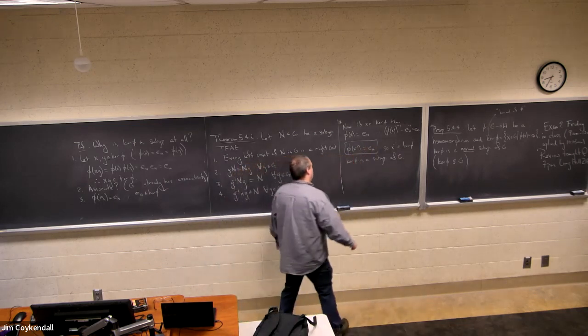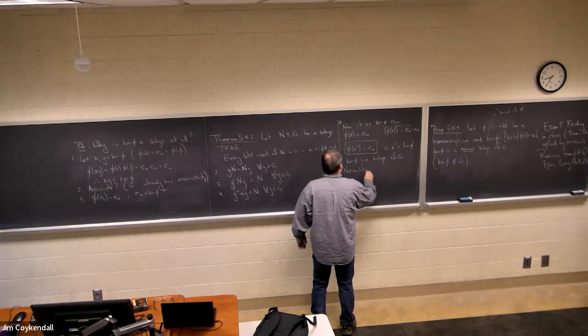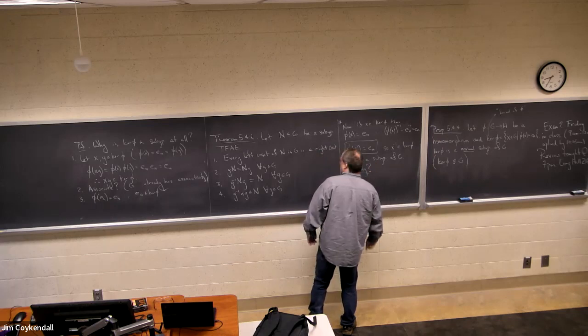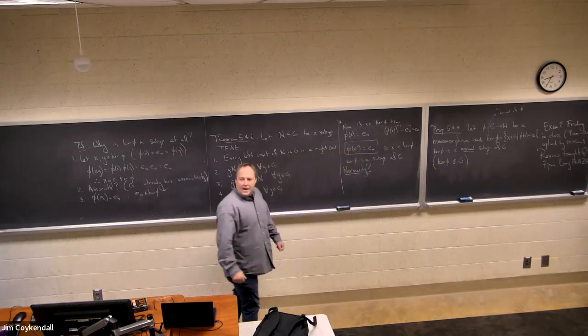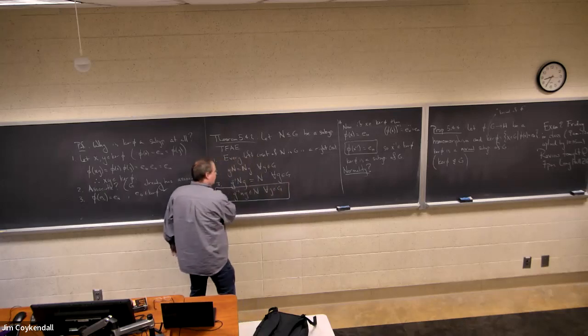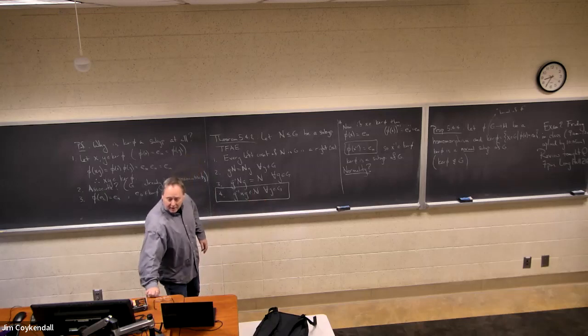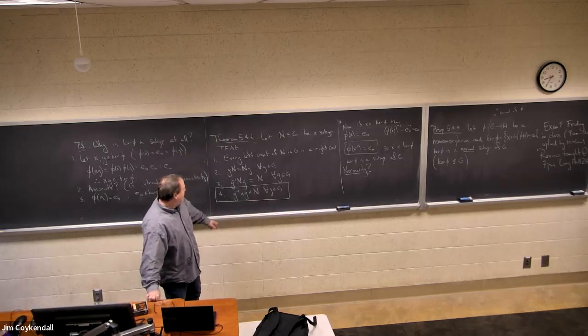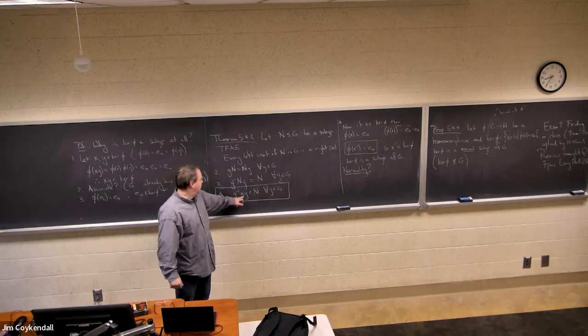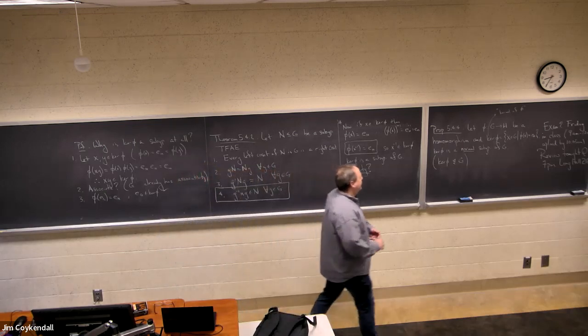Now we need to show normal. And you know what? I'm going to apply the previous theorem. This is the one for the workaday mathematician like me, right? Because all I have to do is show that G inverse NG is still in N for all G in G. So let's set this up.